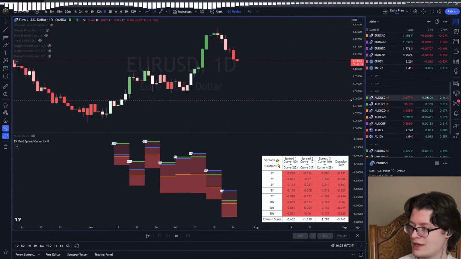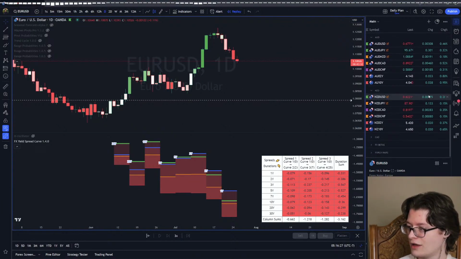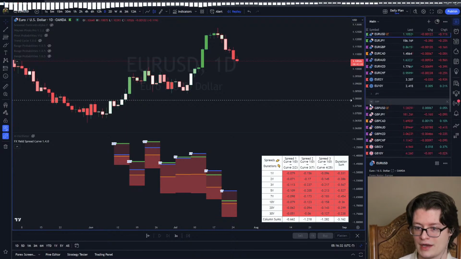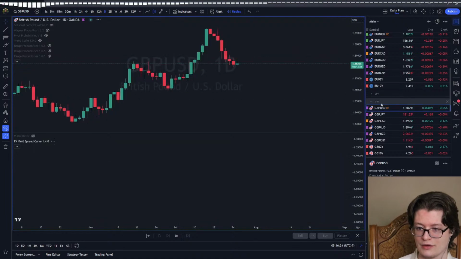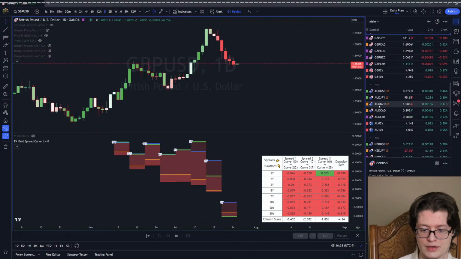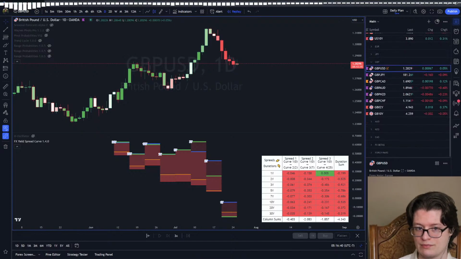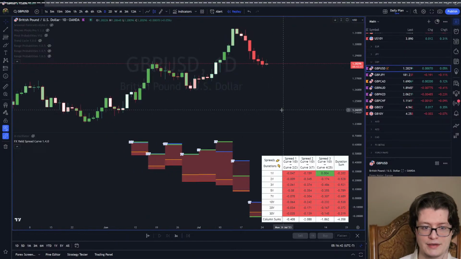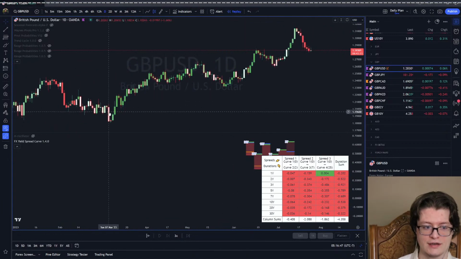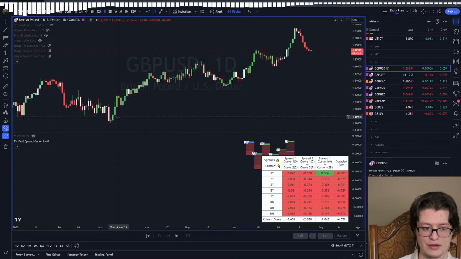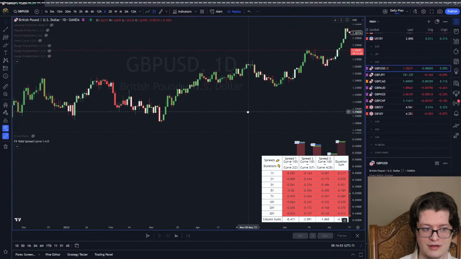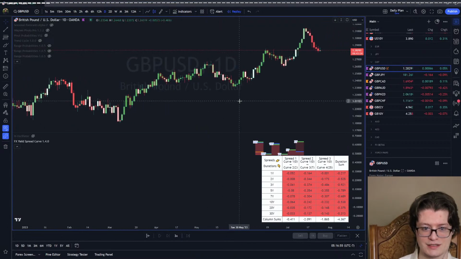Pound dollar and euro Swissy. All right, so I got pound right here. Pound has pretty bad yield spreads. But you can just tell, going along from here and on, that's been fantastic.